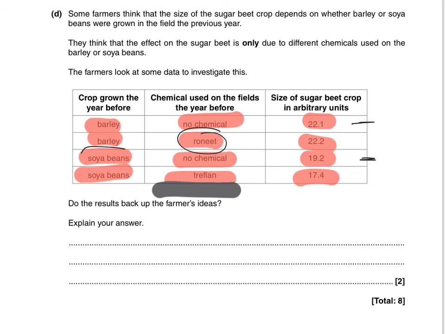So soybeans might be the culprit for lowering the size of the crop yield, as well as the chemical used on soybeans. So loads of marking points there, but if you put something that I just said down, you'll get your 2 marks. So you get more after growing barley.